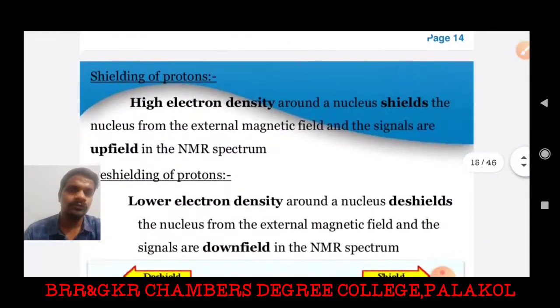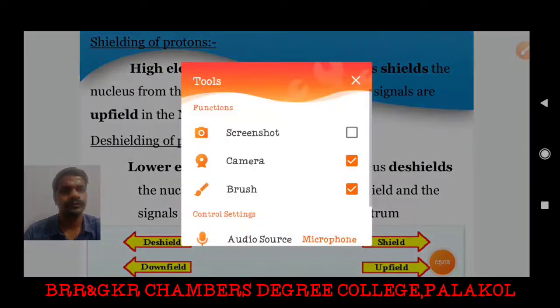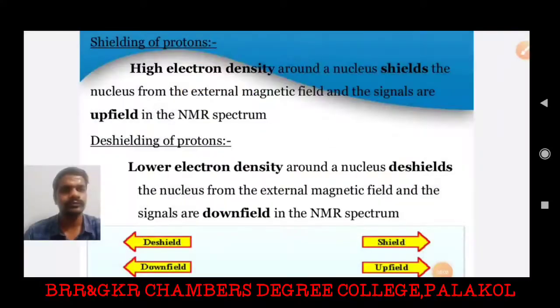Here we have to know two important points: shielding of the protons and de-shielding of the protons.